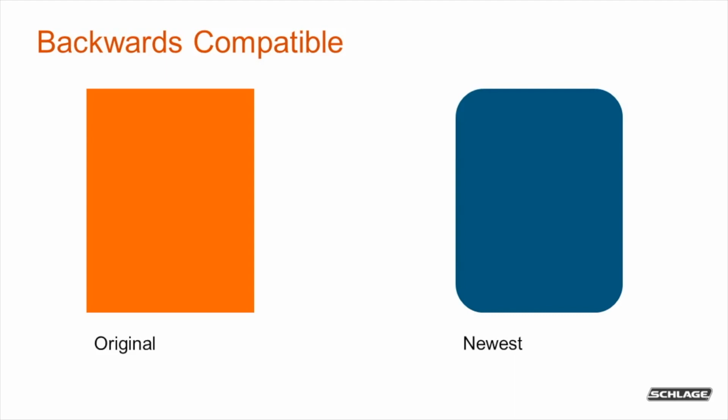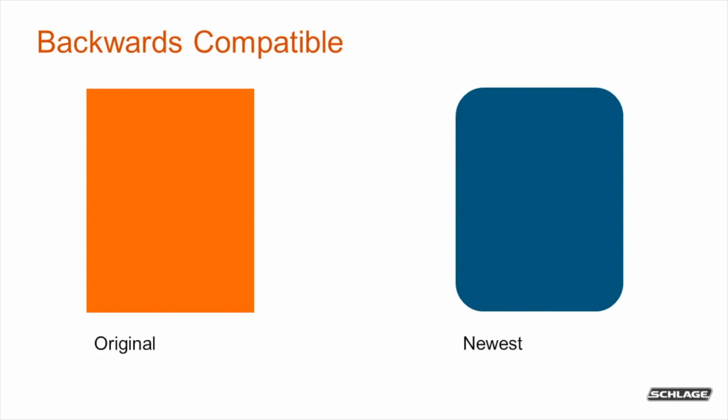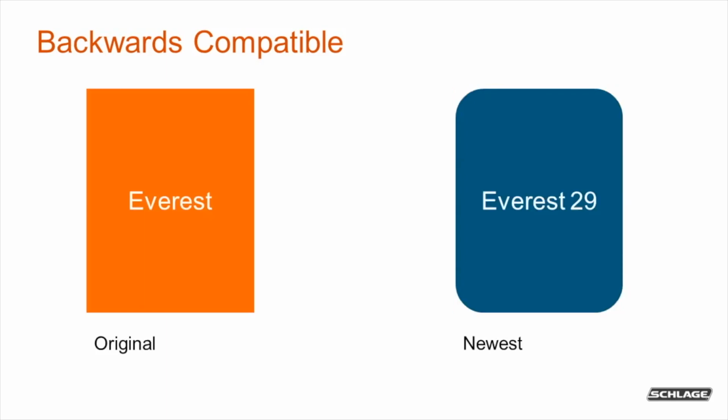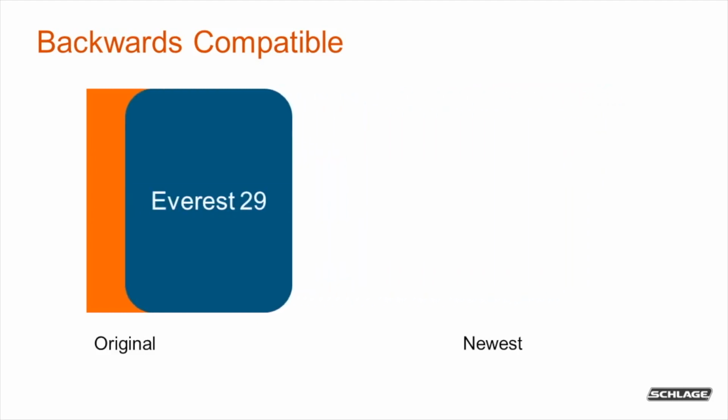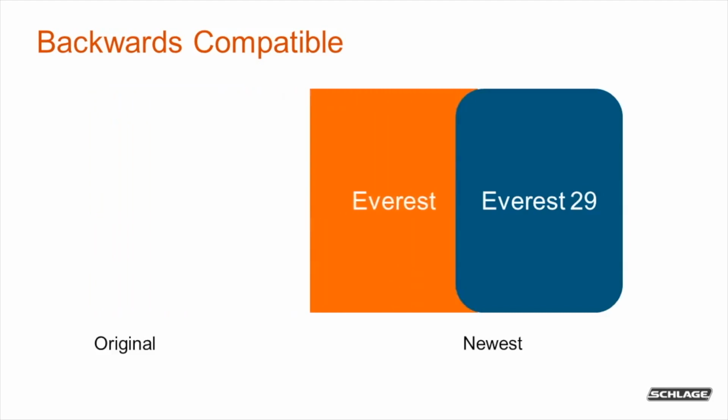So if these shapes were keyways, you can see that the newest one will fit entirely into the original, but the original will not fit into the newest version. This is how Schlage's Everest keys work. The new Everest 29 will work with previous Everest cylinders, but the previous Everest keys will not work in the new Everest 29 cylinders.